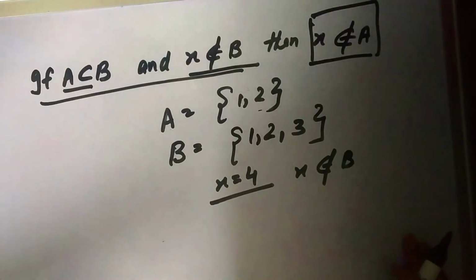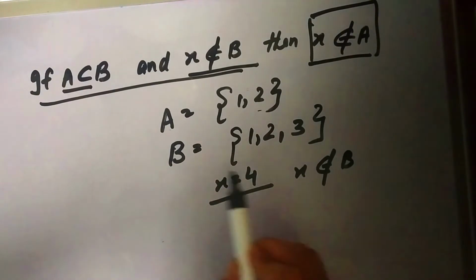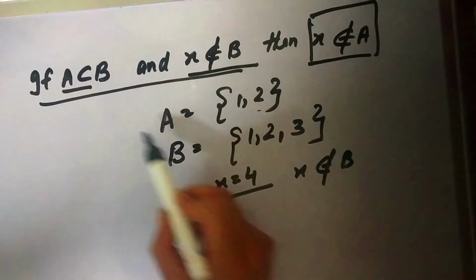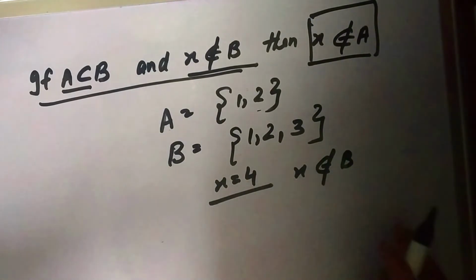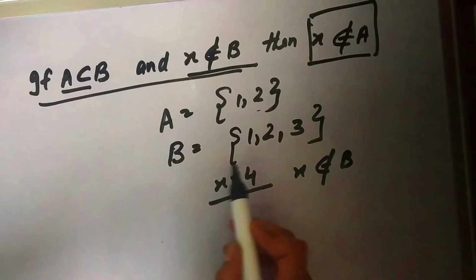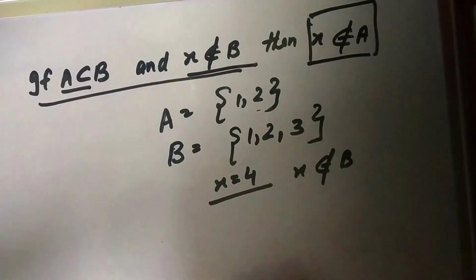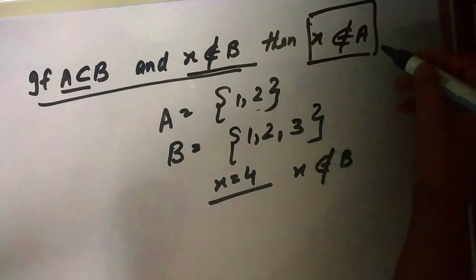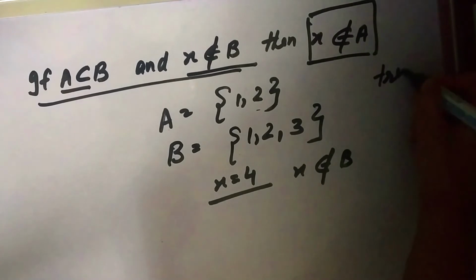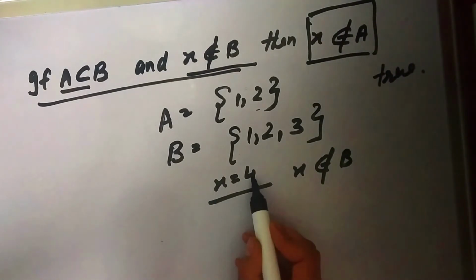It's for sure. Why? Because as A is a subset of B, that means all the elements of A are in B also. Only that way it will be a subset. So if anything does not belong to B, how can it belong to A? So that means this statement is true. Okay. So we let X equal 4.